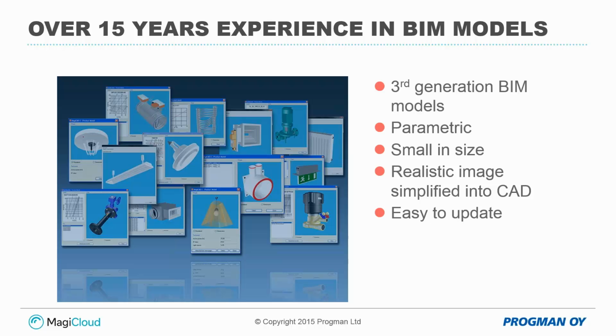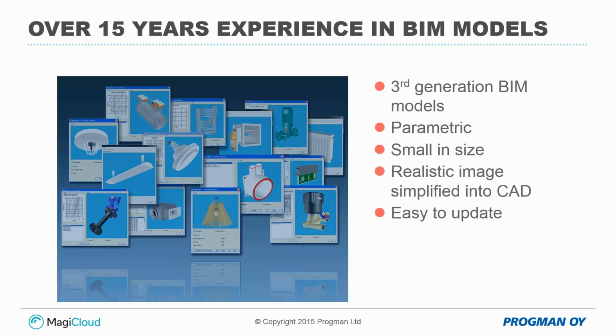MEP installations account for the biggest single number of products in a project. So it's crucial for designers that these will not burden their projects too much. Nevertheless, we wanted to provide realistic images of the products, and these are the previews you can see also in MagiCloud.